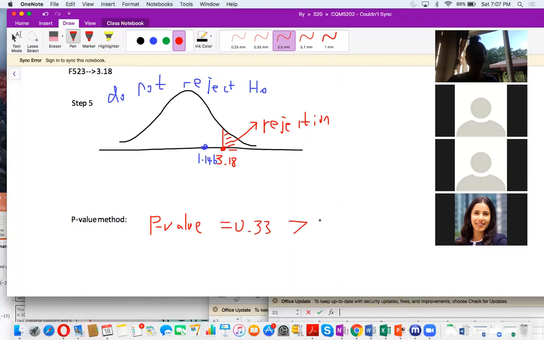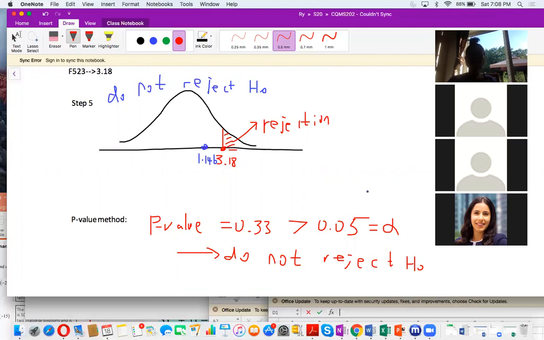Obviously, this p-value is greater than alpha. When the p-value is greater than alpha, you conclude, do not reject H0. Same conclusion as we get from the critical value method. This is the p-value method.